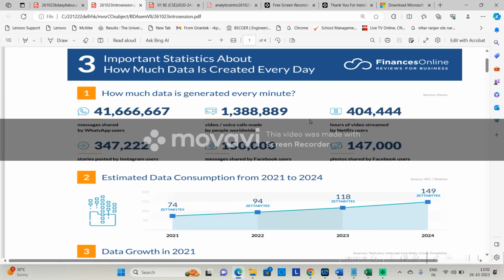So, a few important statistics here. If you look at this first table, it shows how much data is generated every minute: the number of messages by WhatsApp users, the messages shared by Facebook users, photos shared by Facebook users, Instagram stories by users every minute.